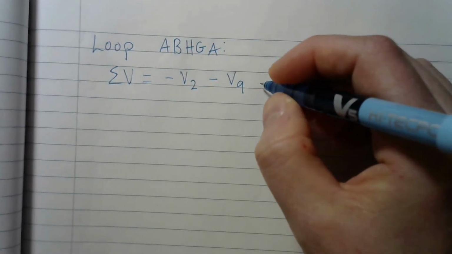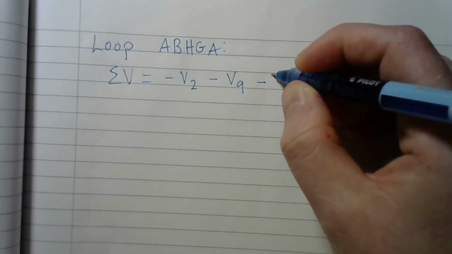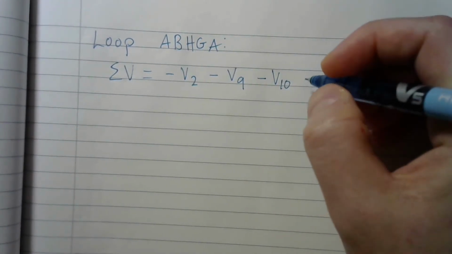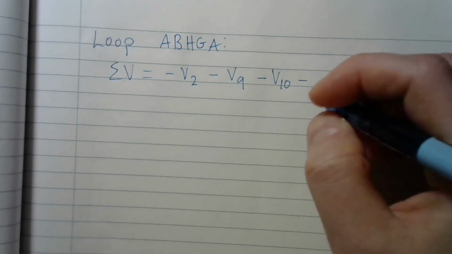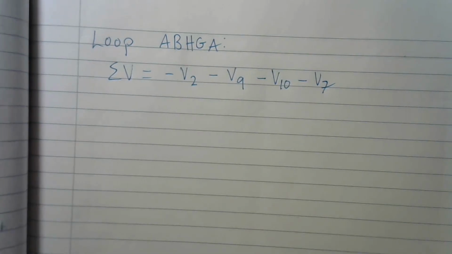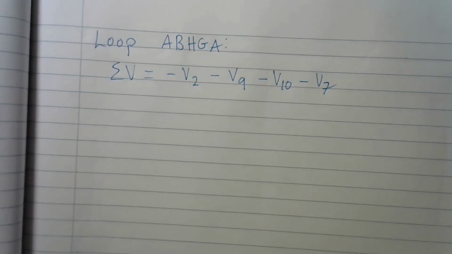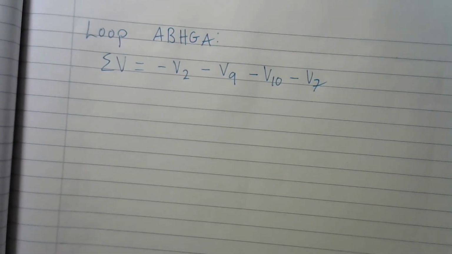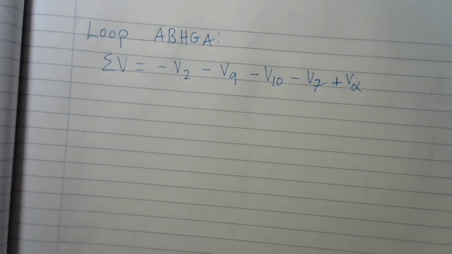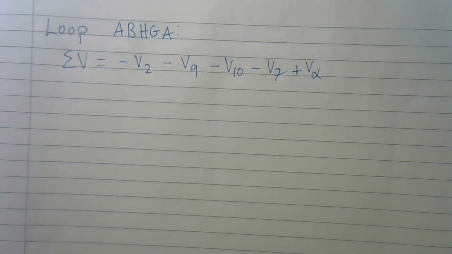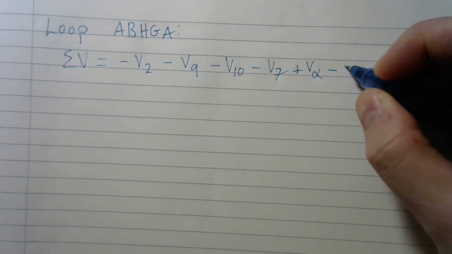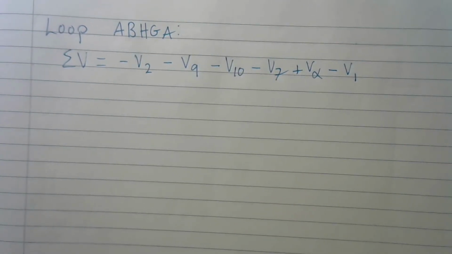Next was R10. That was also negative. We have negative V10. After that, we went through R7. Again, another negative. That was negative V7. Then we passed through our battery, so V alpha, and that was a positive voltage. So we have positive V alpha. And then we passed through resistor 1. So that was once again a negative, and we have negative V1.